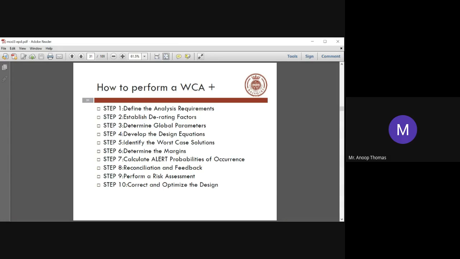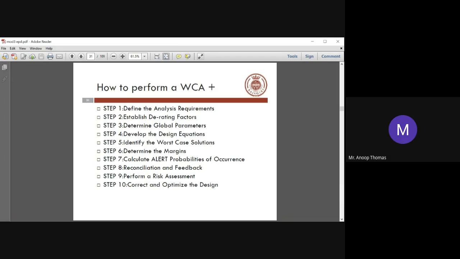So the WCA Plus steps are preceded by calculation of alert probabilities of occurrence, then reconciliation and feedback, perform a risk assessment, and correct and optimize the design. All these come under the WCA Plus category, but we are not differentiating much between WCA and WCA Plus.